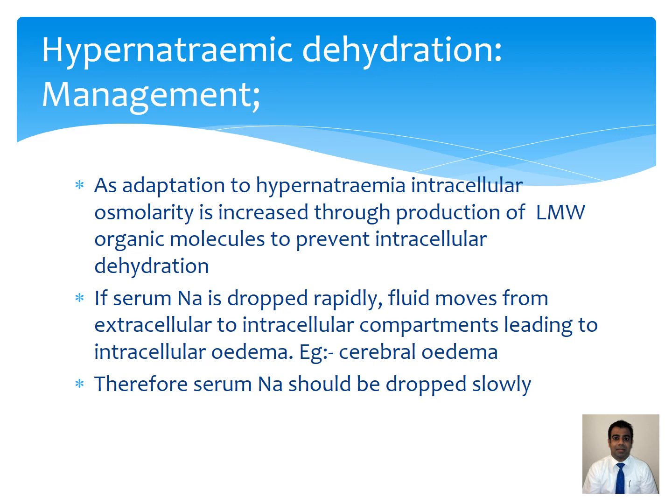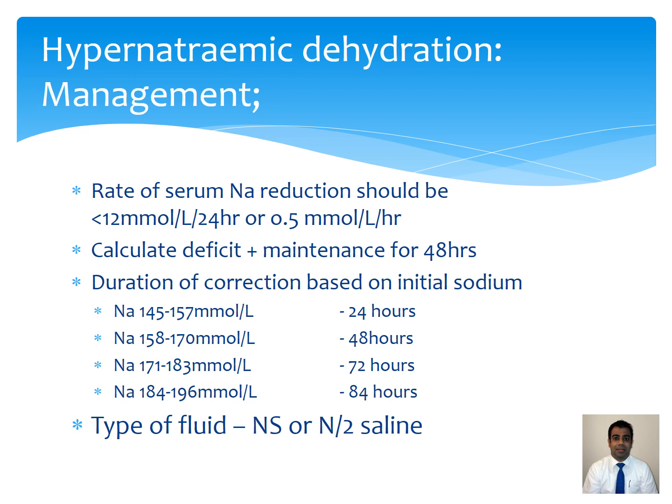Therefore, when you correct hypernatremia, the drop in sodium should be very, very gradual, and this is of utmost importance to consider. The rate of sodium reduction should be less than 12 millimoles per liter over a 24-hour period, or less than 0.5 millimoles per liter per hour.